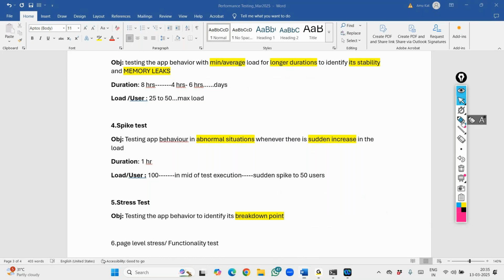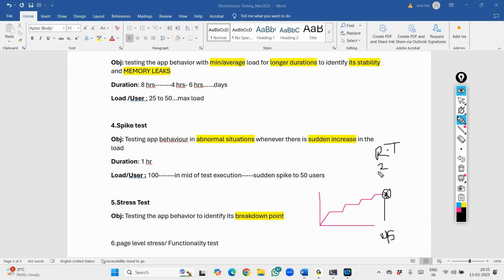If you keep on increasing the load like this, at one point you will see issues in your metrics. Either it might be response time. If your response time is 2 seconds till this moment, let's consider 45 minutes.